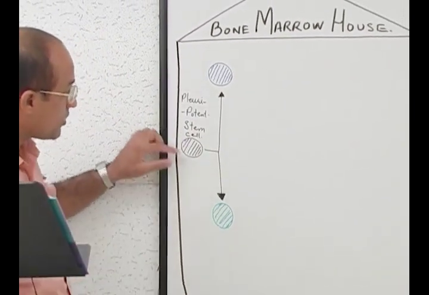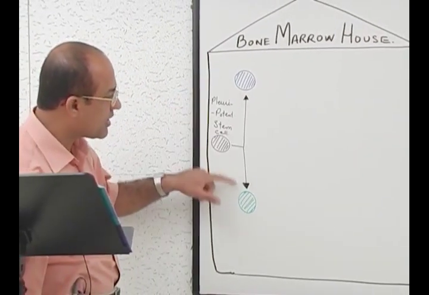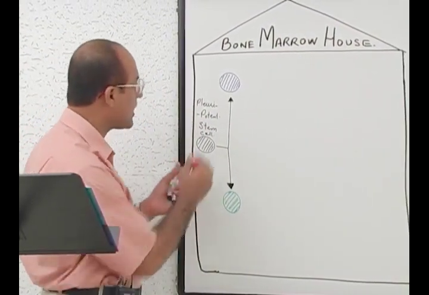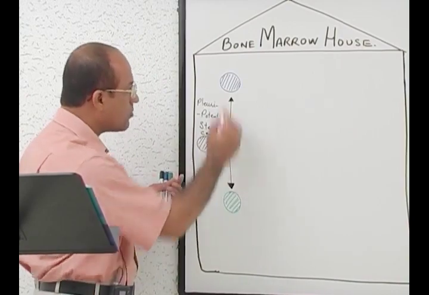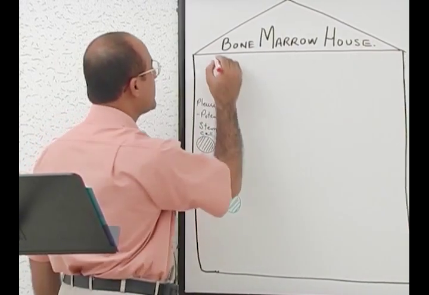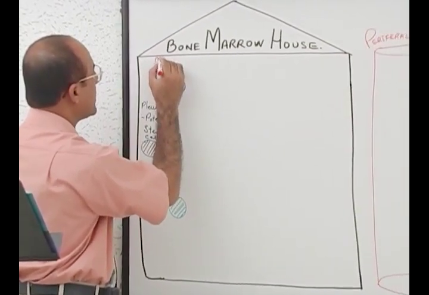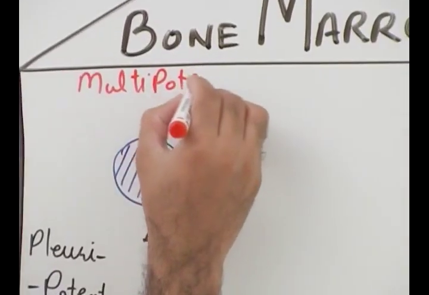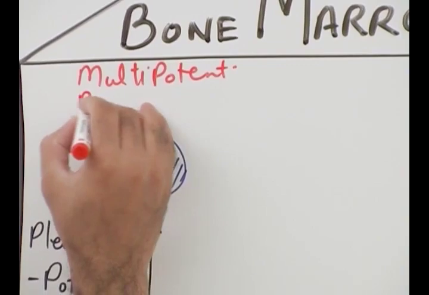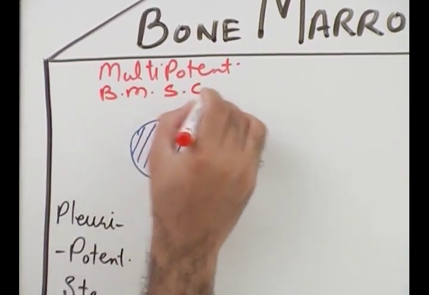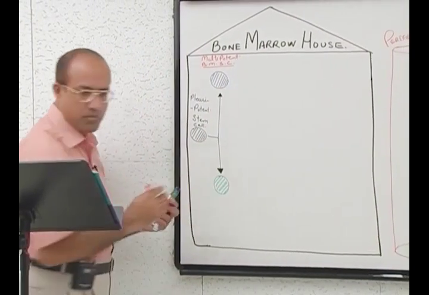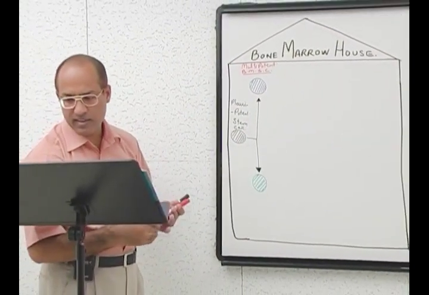Again, that was pluripotent, and these two cells are multipotent stem cells, right? So I will write it here: multipotent bone marrow stem cell.